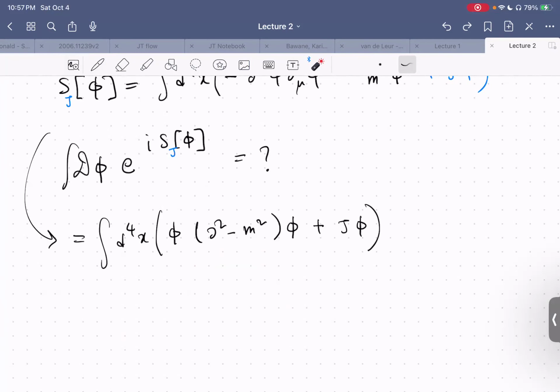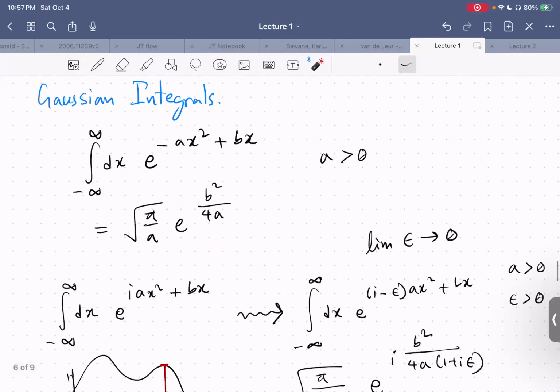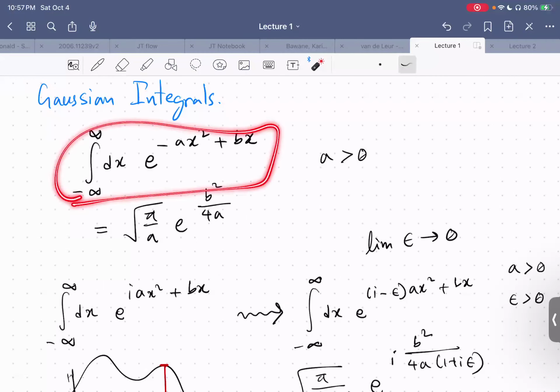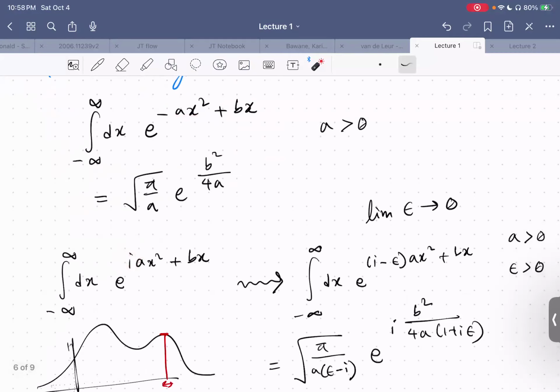And remember from our discussion on Gaussian integrations that if we are doing an integration of an exponential where the exponent is quadratic in the integration variables, then it is rather easy to do the integration, even if the coefficient is imaginary. And this remains true even in path integration.